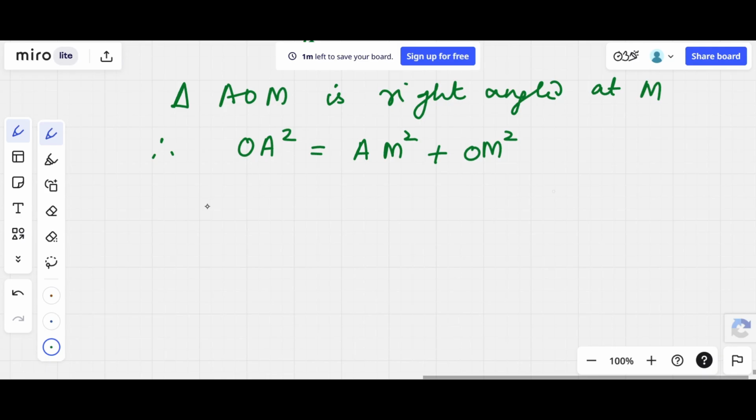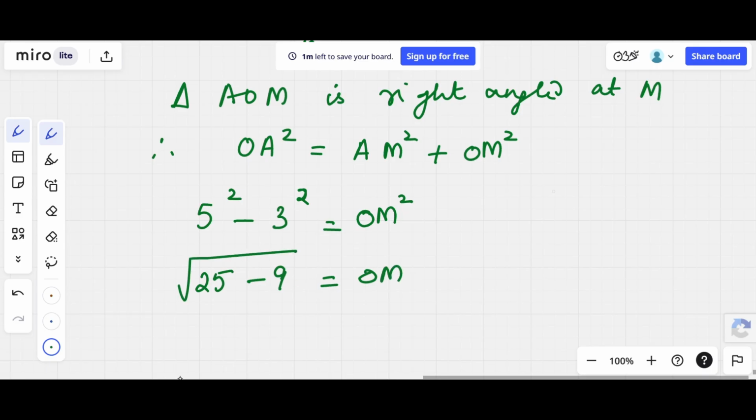OA square was 5 square minus AM was 3, 3 square equals OM square, which was 25 minus 9 equals OM square, OM is under root 16, which is how much? 4. So OM is 4.